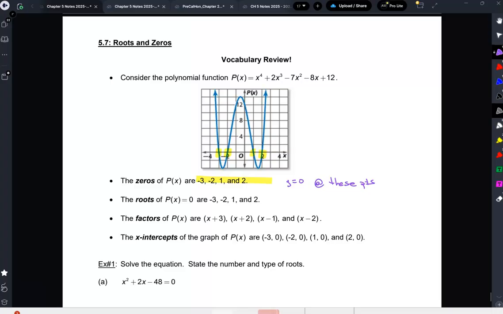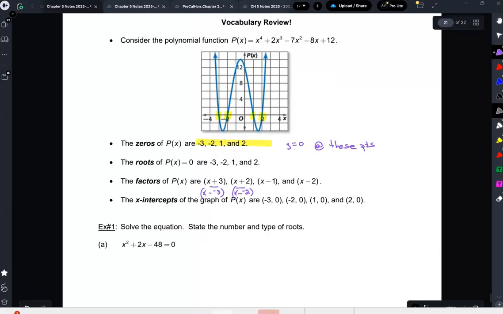So that's the distinction. Now, if these are the roots, then the factors are this. So you're always going to do x minus the 0, right? X minus the 0. Okay? And then the x-intercepts are given in this form, always. Cool? Cool.